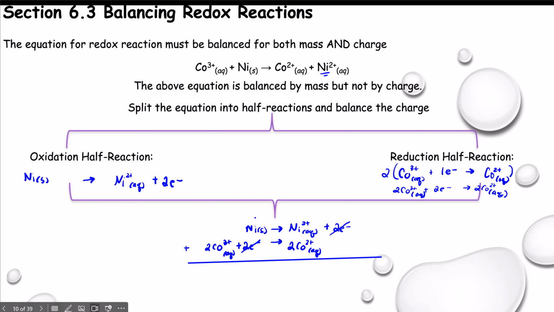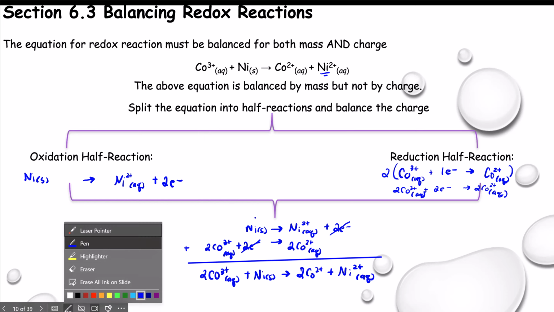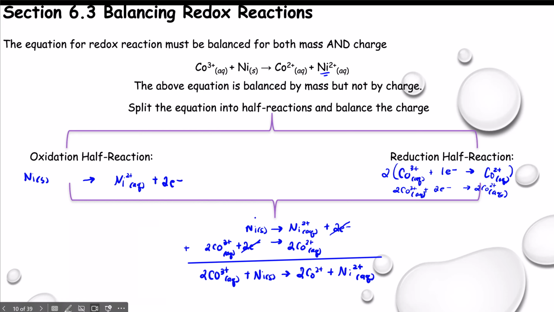Now we can bring everything down. 2 cobalt 3 plus, nickel solid, forming into 2 cobalt 2 plus, nickel 2 plus aqueous. Now we can say this final product right here is our balanced equation.